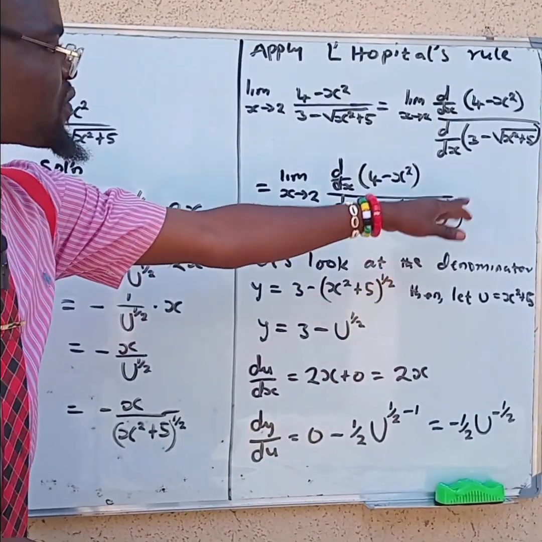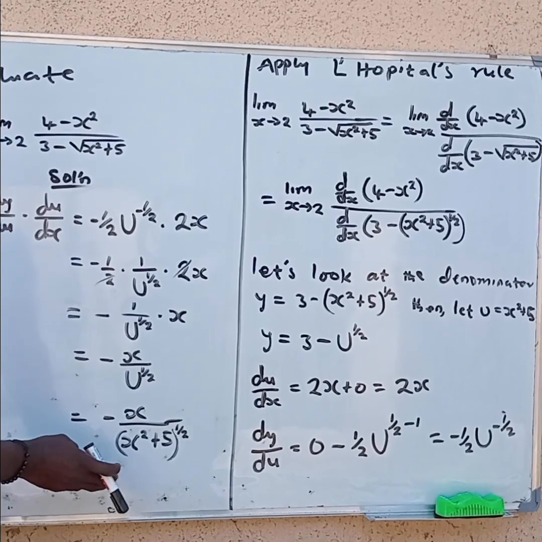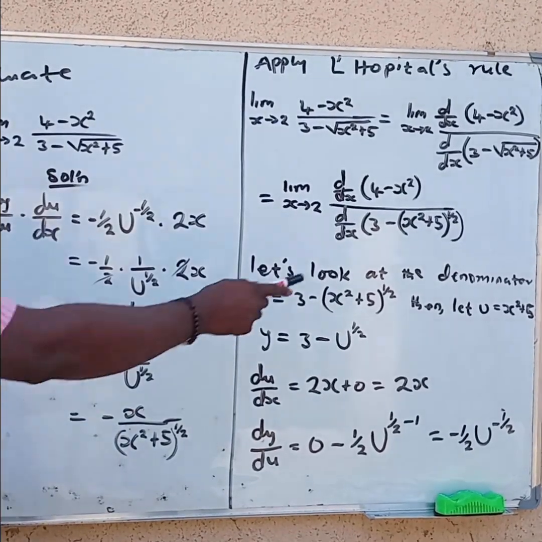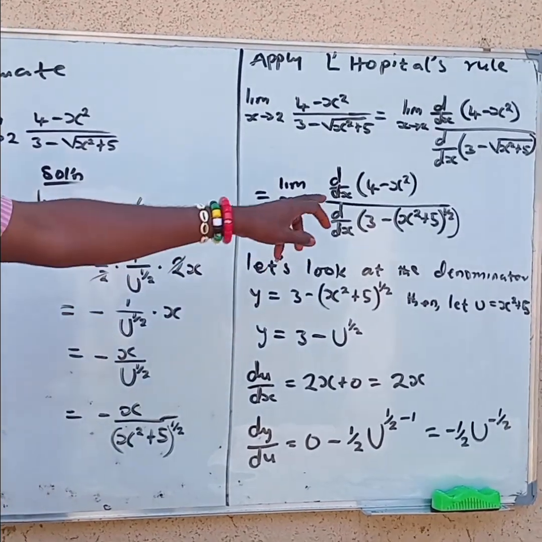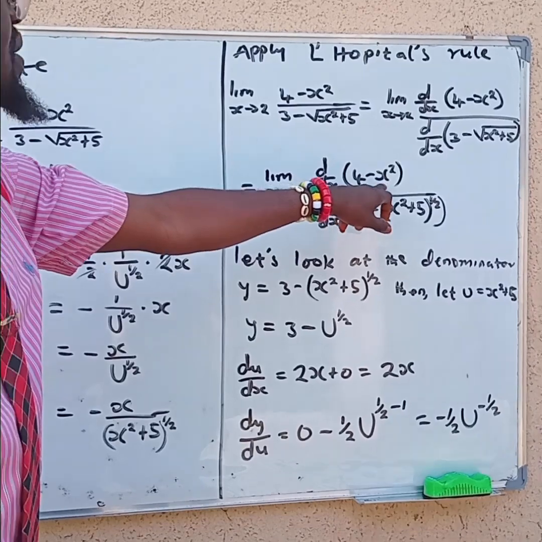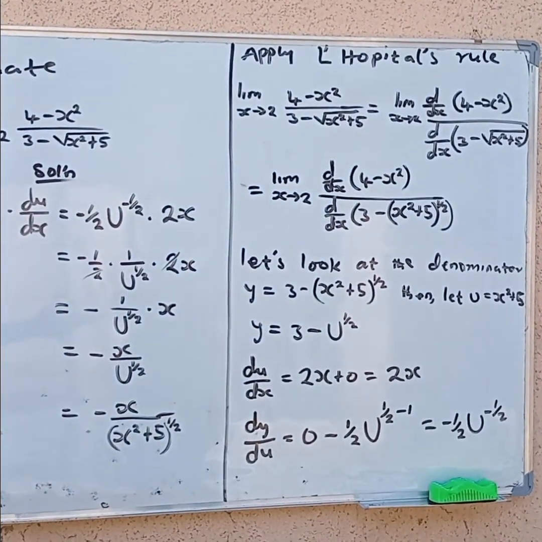But it's in the form of root before we change it so that we can differentiate. So this is our denominator. From here, if we differentiate this, we have minus 2x. So we're now going to put them back.